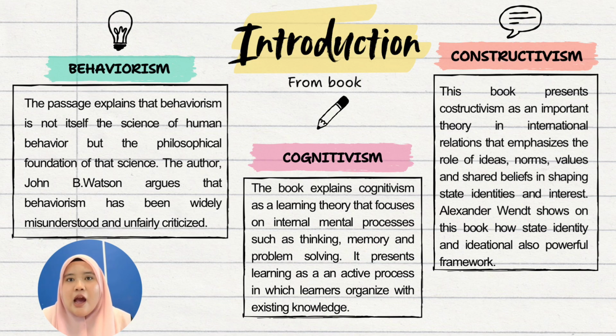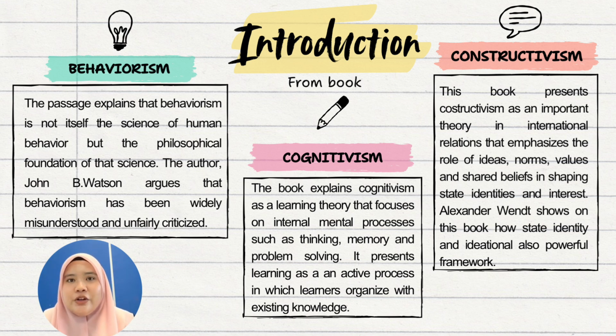Next, I will be presenting the introduction from the book. First, about behaviorism. The passage explains that behaviorism is not itself the science of human behavior, but the philosophical foundation of that science. The author, John B. Watson, argues that behaviorism has been widely misunderstood and unfairly criticized.